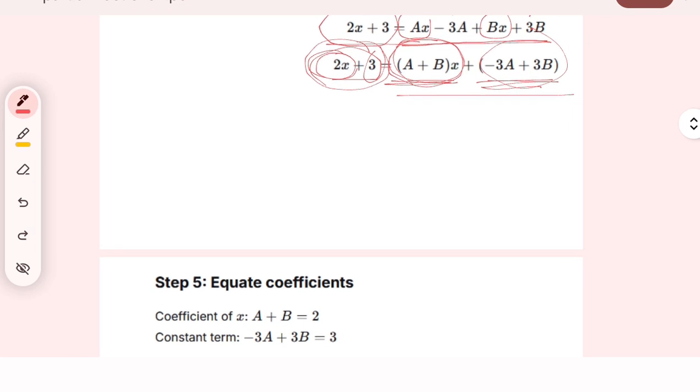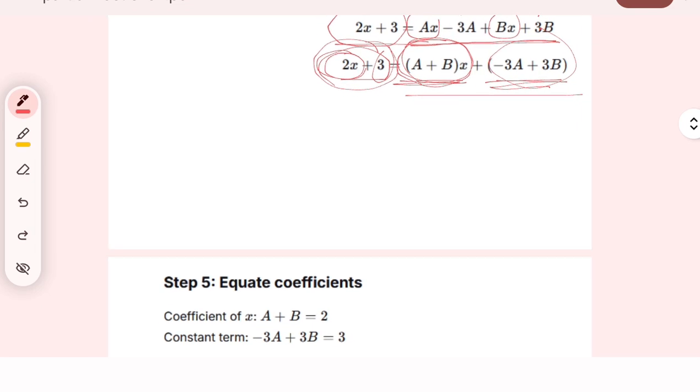The next step is we will equate coefficients. So the first one is the coefficient of x. The coefficient of x here is a plus b, and that would be equal to the coefficient of x on the other side, which is 2. So a plus b is equal to 2. So we are now equating coefficients.